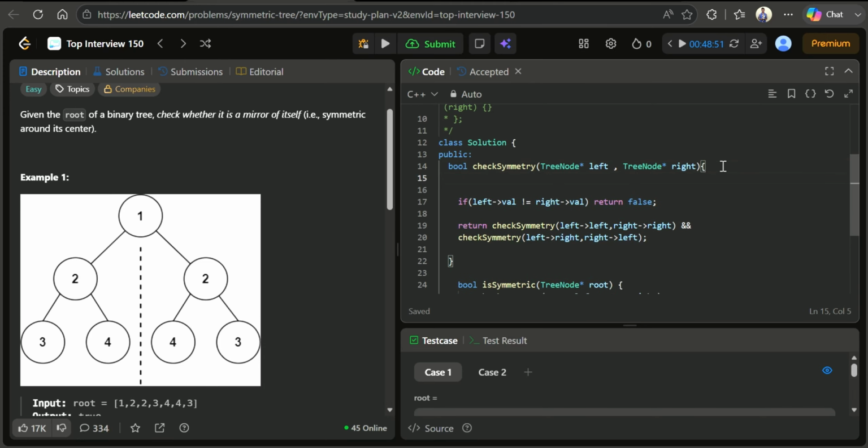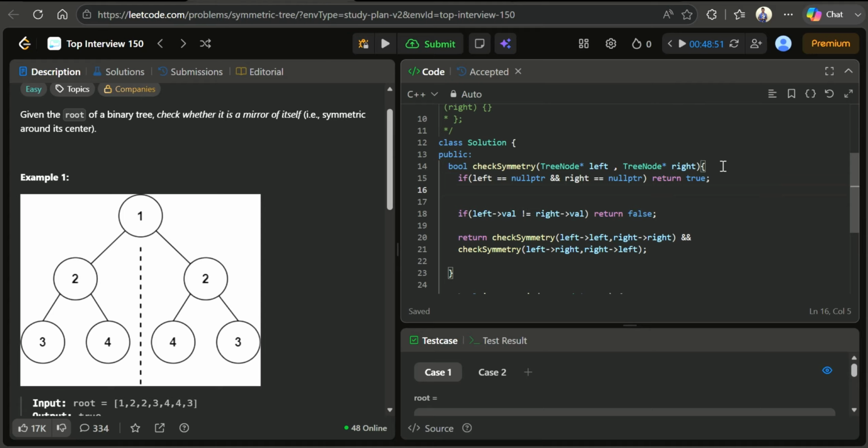We're going to have to check for the base cases, and that is if our left value is a null pointer, and if our right value is also a null pointer, then in that case we can simply return true, which simply states that both of the trees are symmetric, or both of the nodes are symmetric.